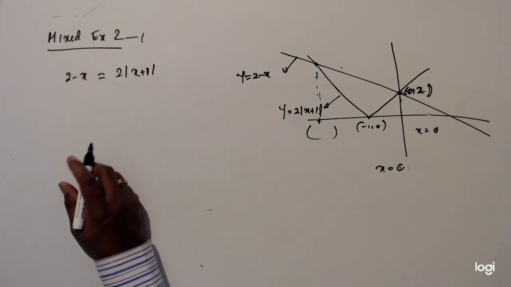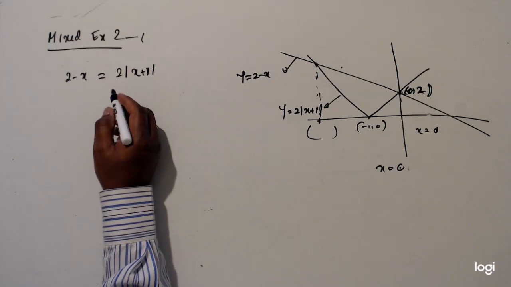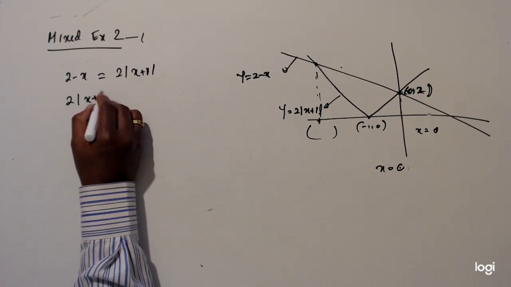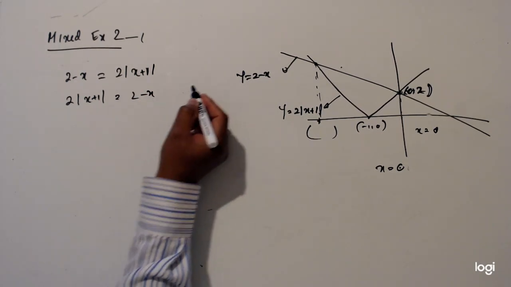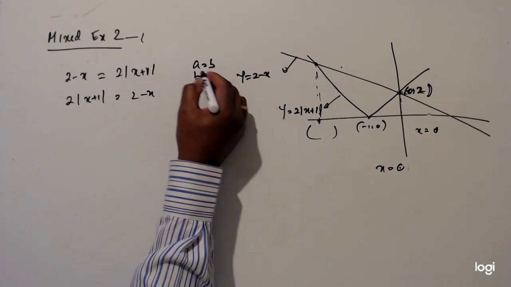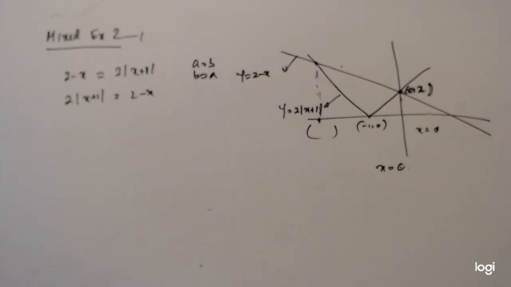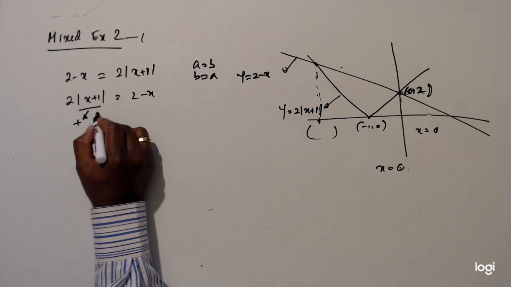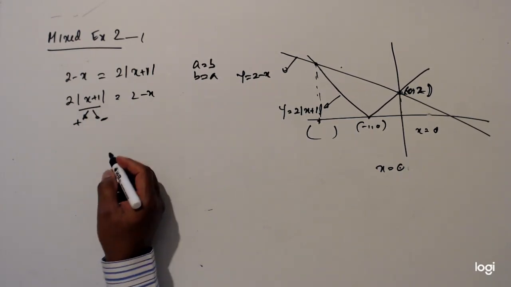Part B is we have to solve this one. So I write 2 mod x plus 1 equals 2 minus x. A equals B, then we have two options here: one is the positive option and the other one is the negative option.